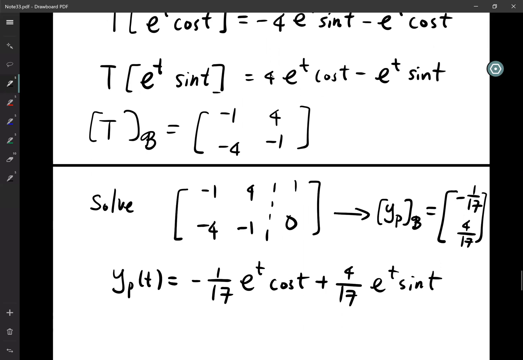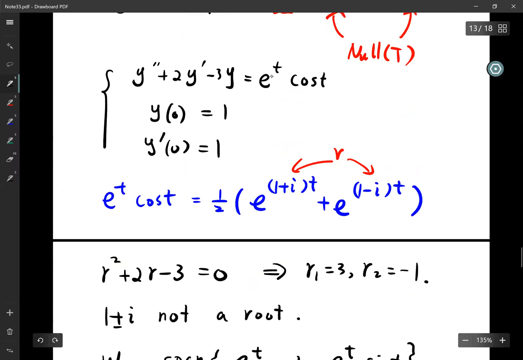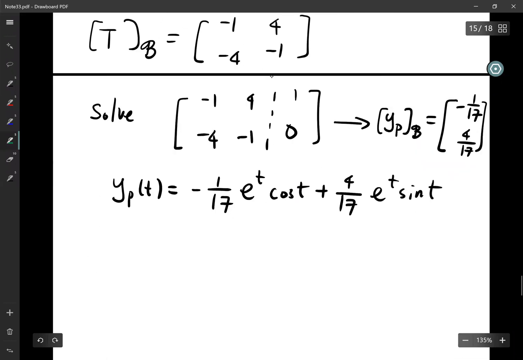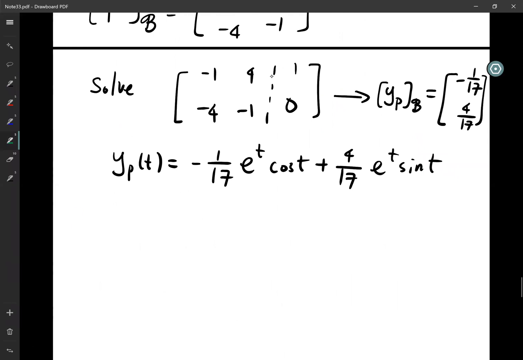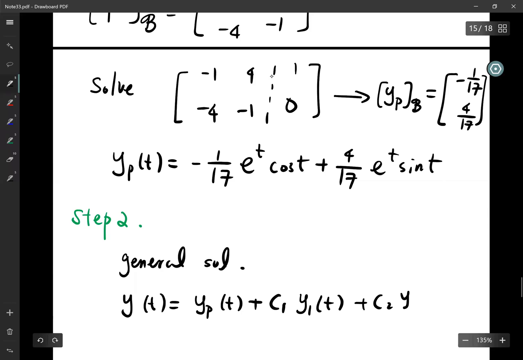Is it good so far? Good. So this is what we call the first step, step 1. Step 1 is usually the most tricky one. Step 2 is something that we're really familiar with. Write down the general solution. General solution, y(t) is yp(t) plus c1 y1(t) plus c2 y2(t).